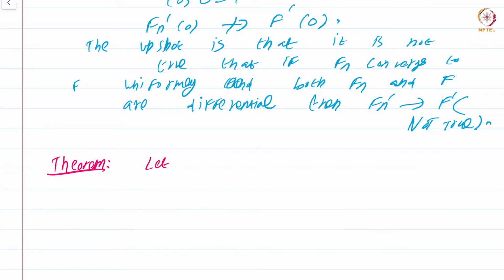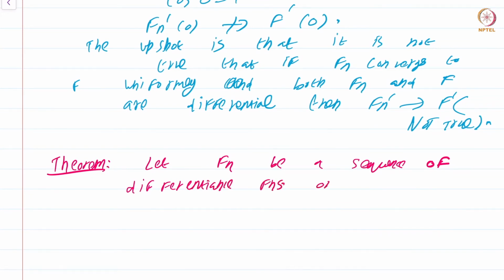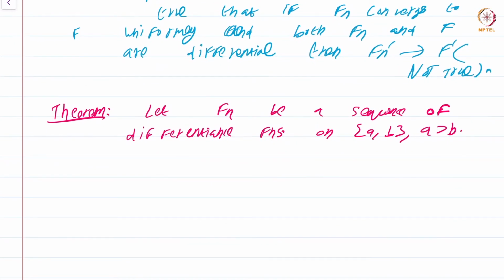Theorem. Let fn be a sequence of differentiable functions on a closed interval [a, b], where a is less than b. Now the hypothesis that I'm about to write is really weird.